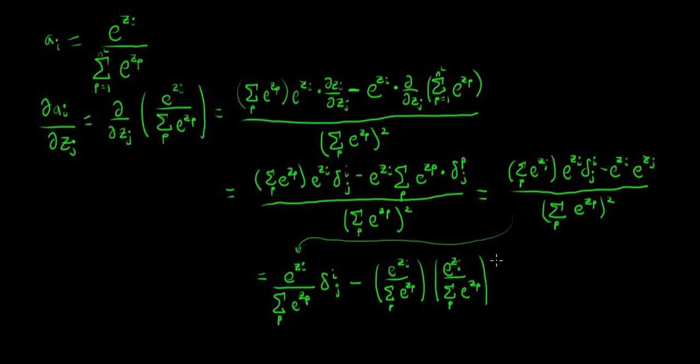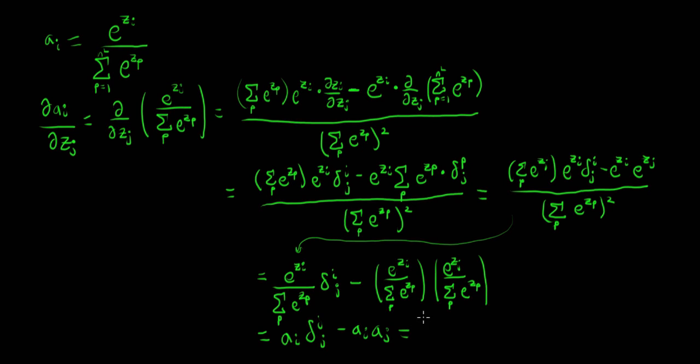Now we notice this is the definition of the softmax function, ai. They're completely identical. Same here. So we can rewrite this as ai delta ij minus ai, and this is the same thing except with the index j here, so this is aj.